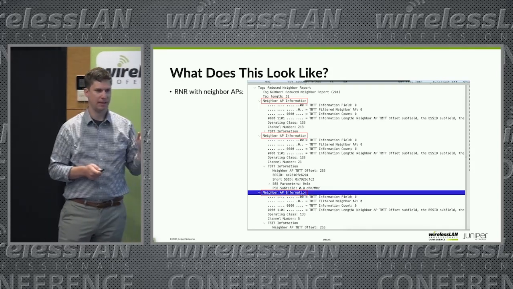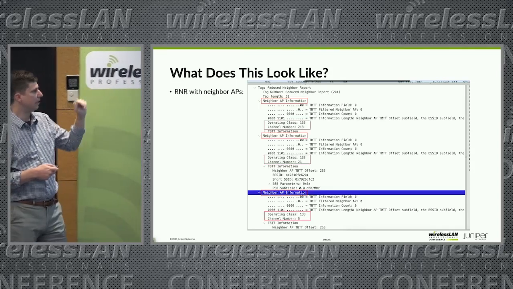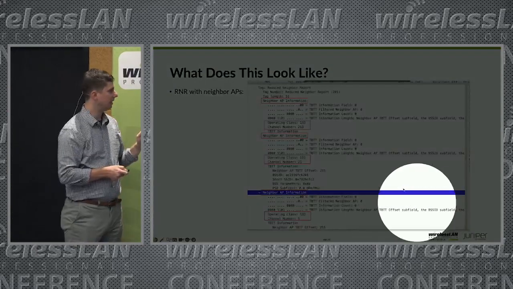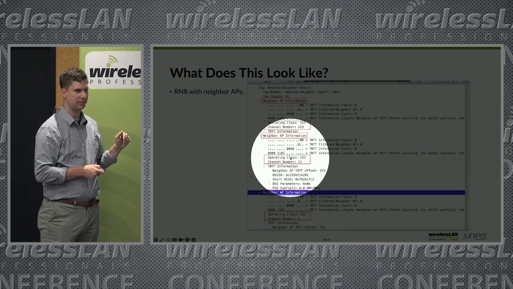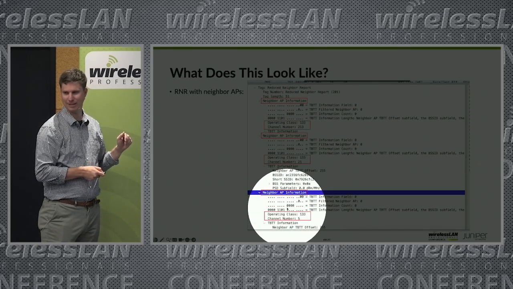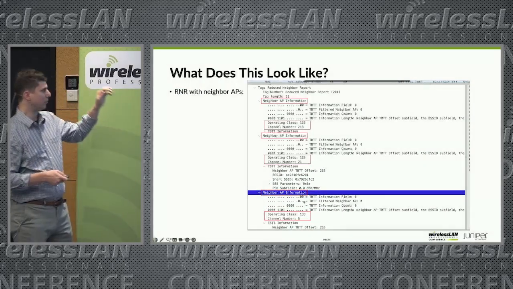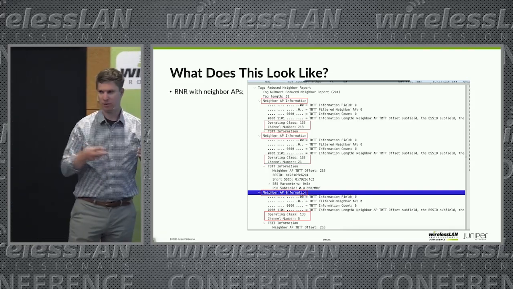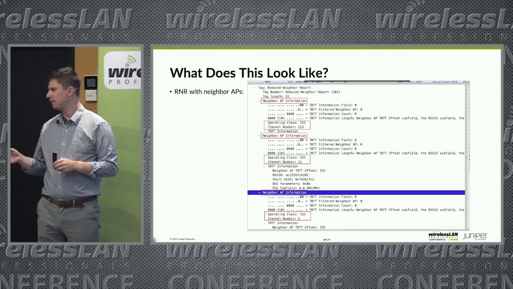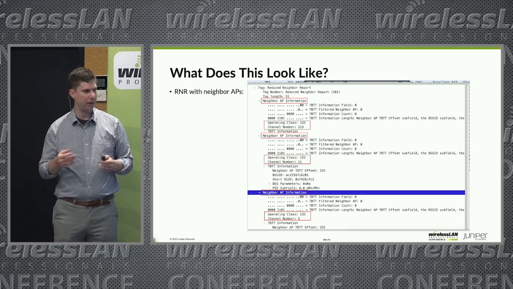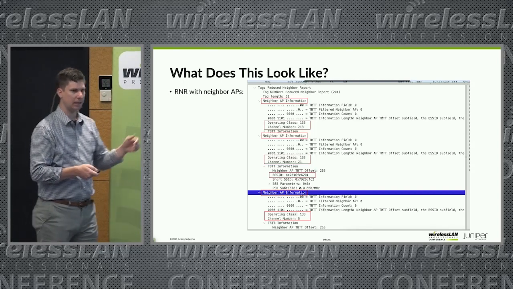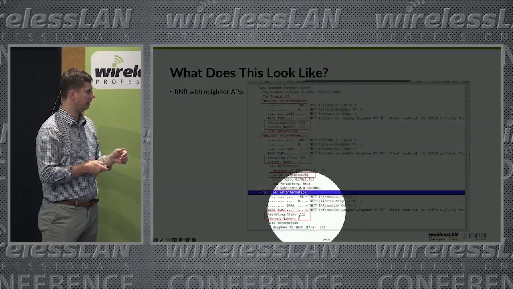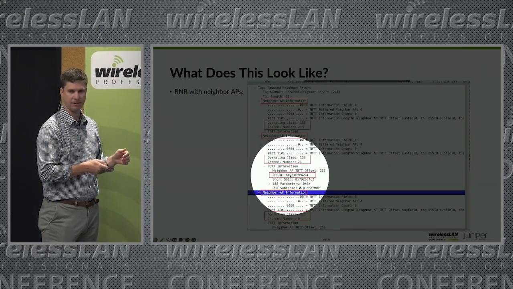The next thing to look at is that each one of these neighbor APs has a channel and an operating class. It's hard to see, but it says channel and it says operating class. The channel gives you the actual channel number. The operating class is the band and the bandwidth. And the other thing is you'll also see a BSSID in here.